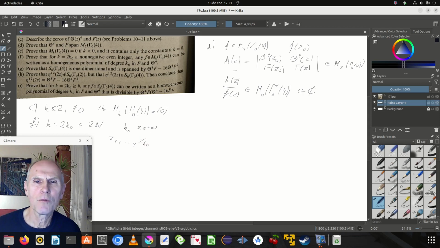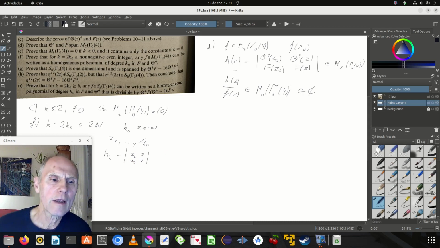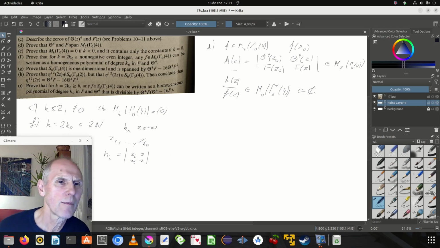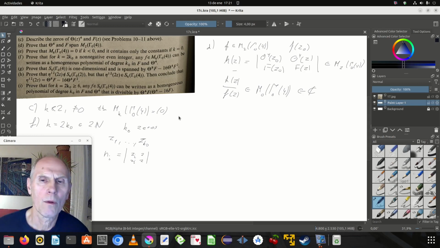And for each of them we define this function. And that's the only zero of this function, and then we can divide again. So that's not interesting. And it will of course give a homogeneous polynomial. And the degree is just the number of zeros, that's k naught. Right.